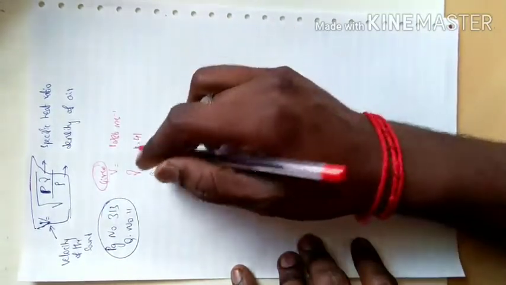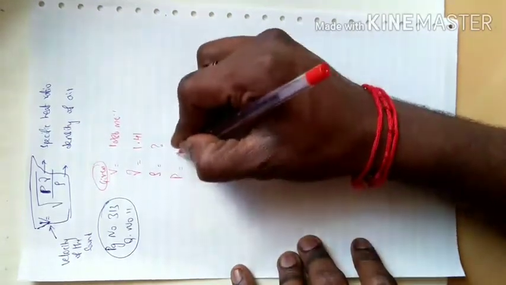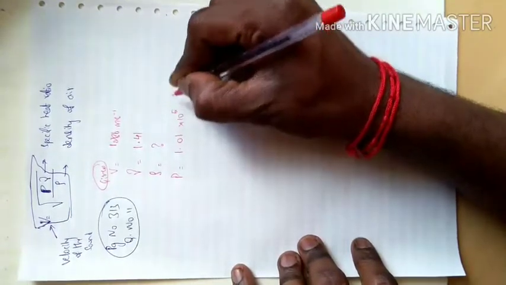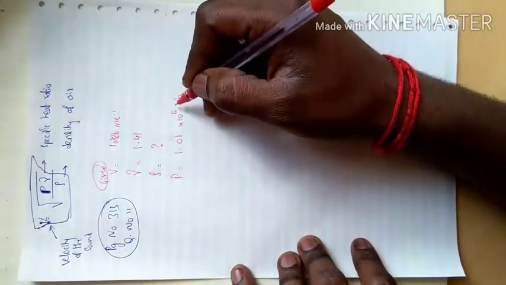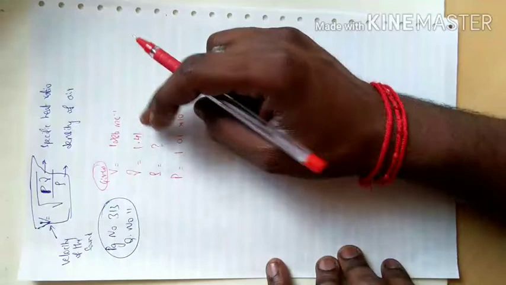At normal temperature and pressure, the pressure is 1.01 into 10 to the power of 5 Pascal. This is all given. You have to calculate the density.